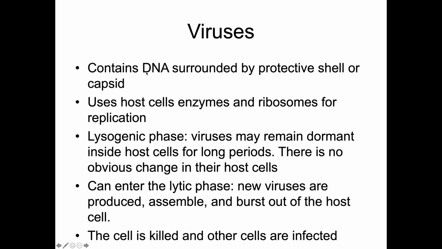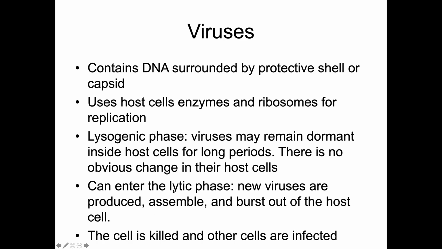Viruses typically contain DNA or RNA. So let's just say nucleic acid, right? They can't reproduce themselves. They have to get into a cell of a host. The host in the case of coronavirus is humans, and they use the host cell's enzymes for all the tools for replication. In a lysogenic phase, they can hide there and remain dormant.